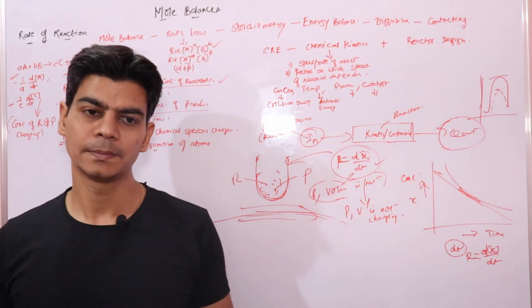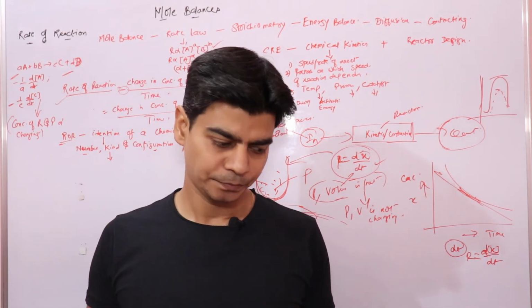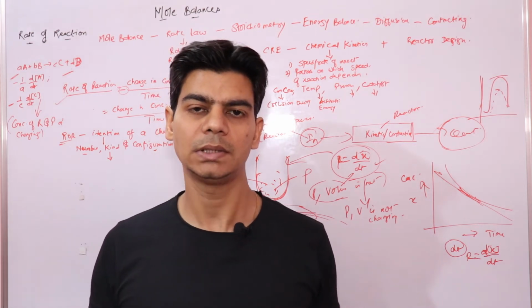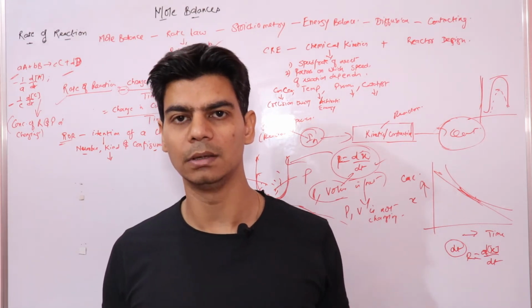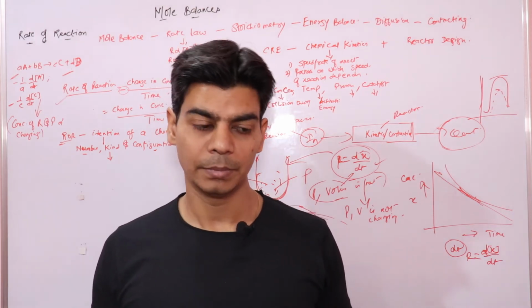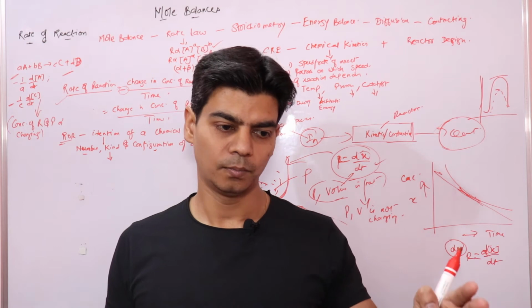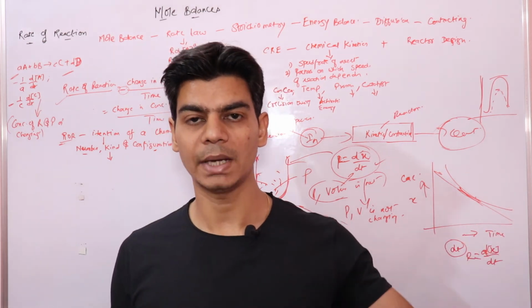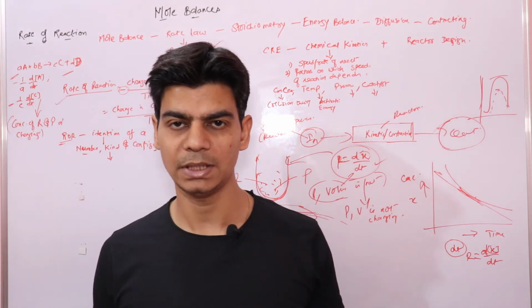The rate law is different from the law of mass action, because the law of mass action, if you recall, was theoretical, whereas the rate law was experimental. Experimentally, the rate given by the law of mass action was not found true in many cases.